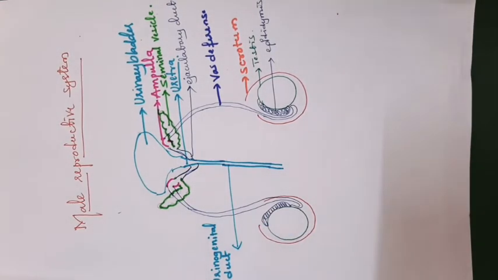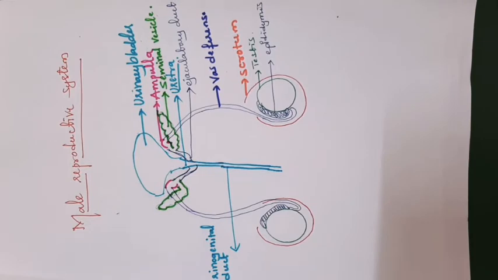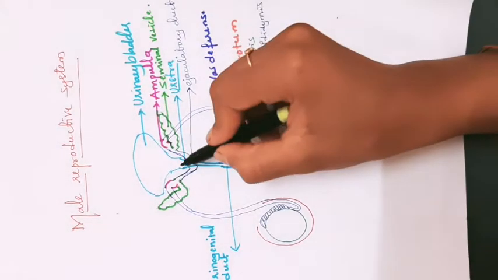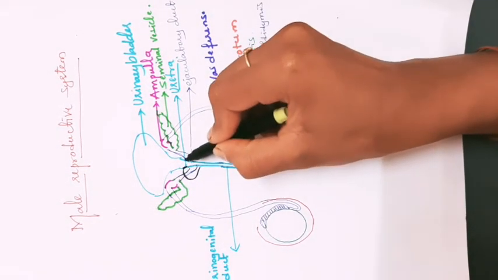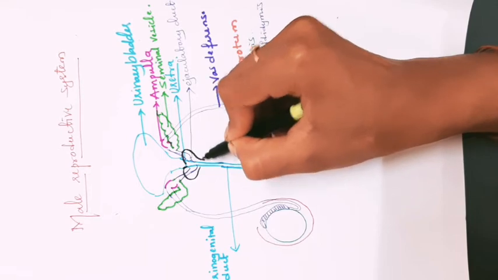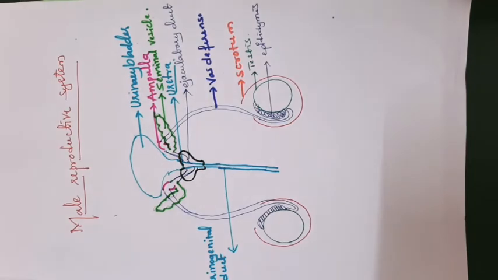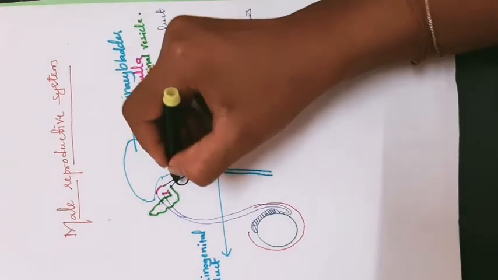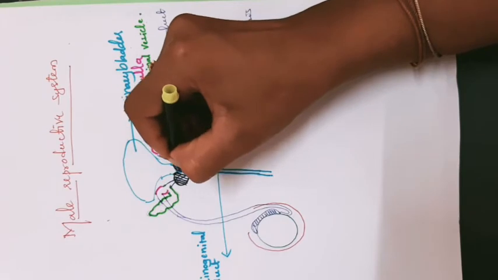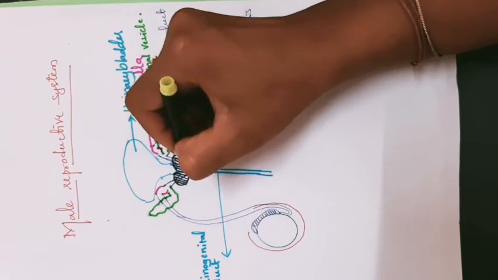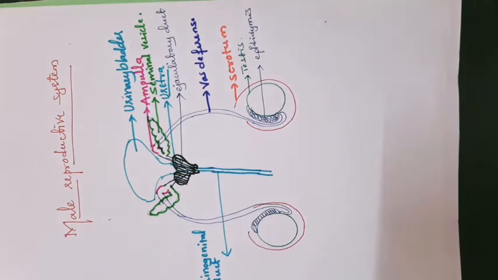Usually the connection between the ejaculatory duct and urethra is not visible, because it is protected by a specialized gland called the prostate gland. Unless the prostate gland is opened, we cannot see the connection between the urethra and the ejaculatory duct.